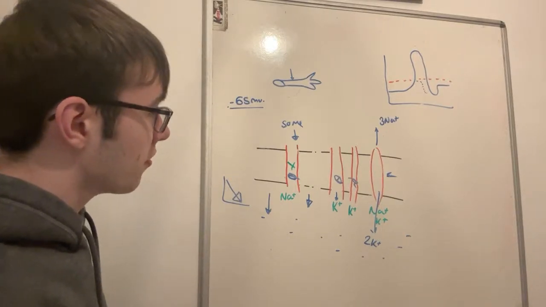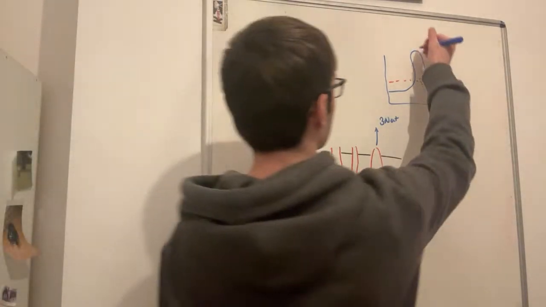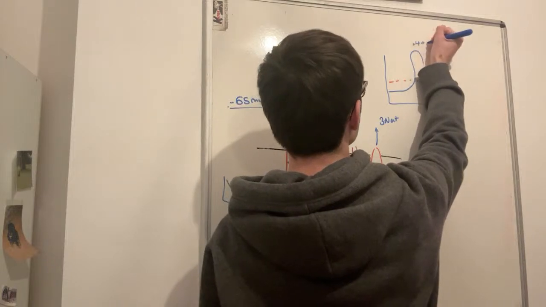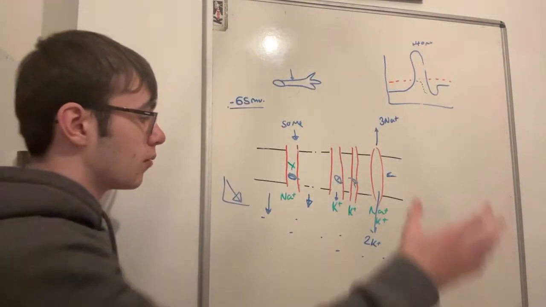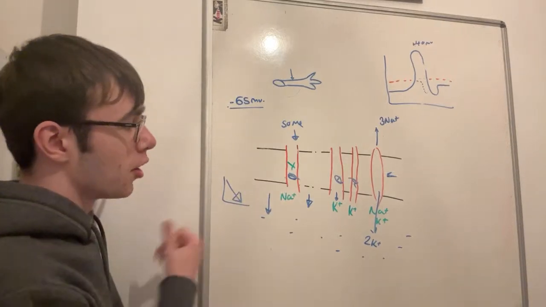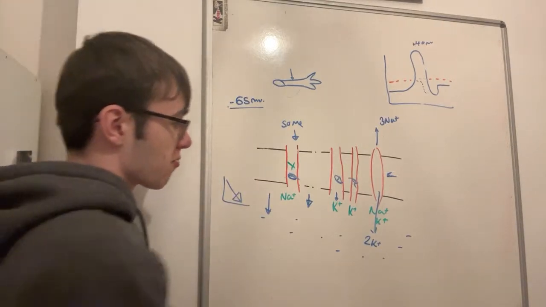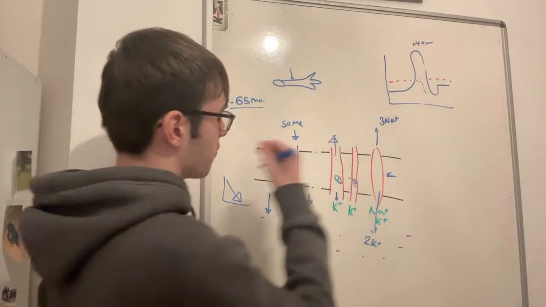So, from there, it will reach, I believe, plus 40 millivolts. Then from there, our potassium ion channels are going to open, and this will cause potassium ions to diffuse out of the cell.